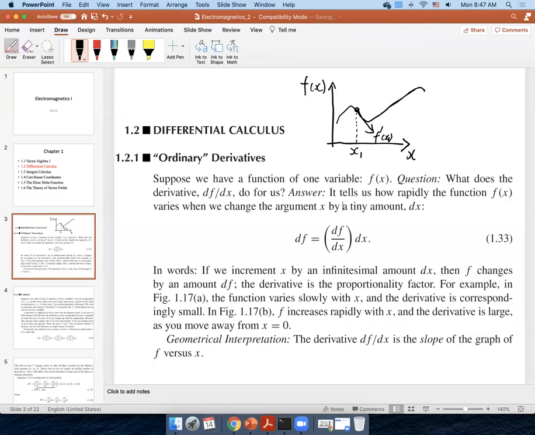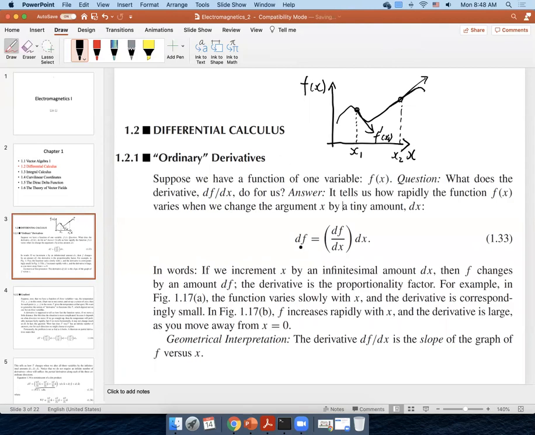So the value of f prime x1, or df dx at x1, will be the slope at this point for this curve. If you choose another point, for example here, x2, then the derivative of f(x) at this point will be the slope at this point. So that's the meaning of derivative for the one-dimensional case.